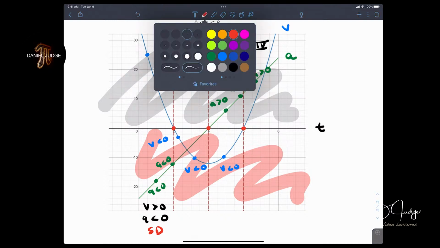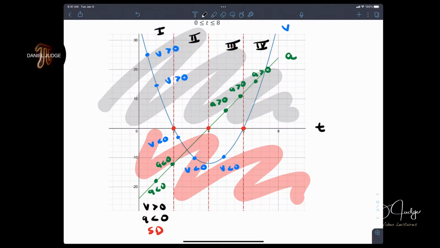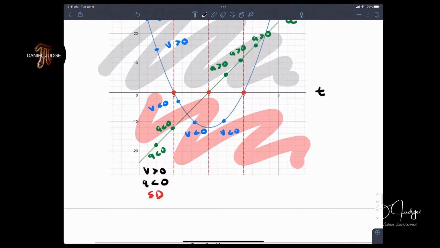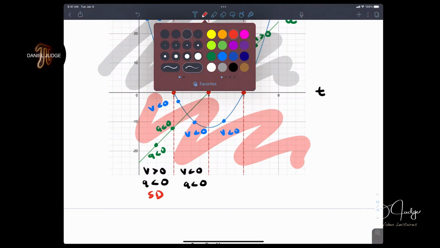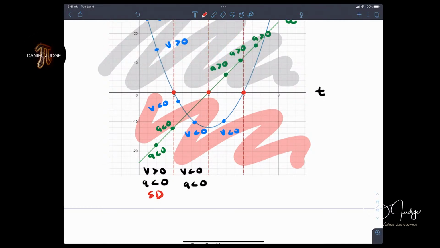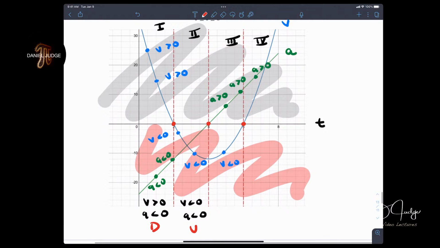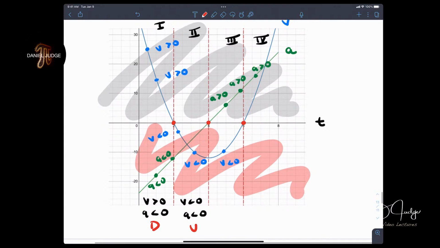In region 2, both of the curves are below the t-axis. So velocity is negative. Acceleration is negative. They have the same sign. Speeding up. Let's put D for slowing down and U for speeding up. And what I'm saying is region 2 is now partitioned along the zeros for both velocity and acceleration.